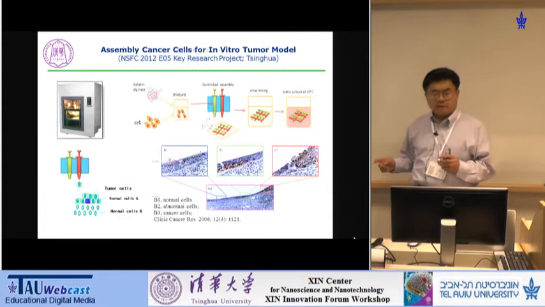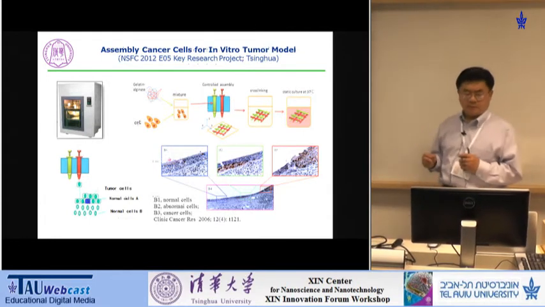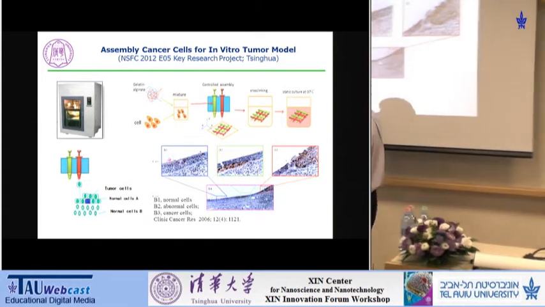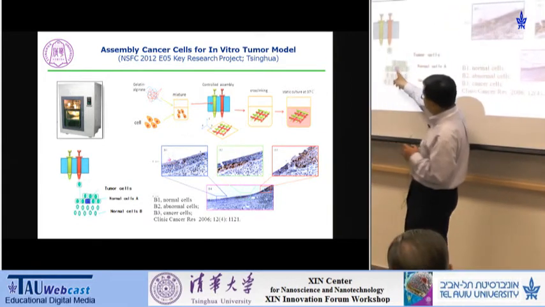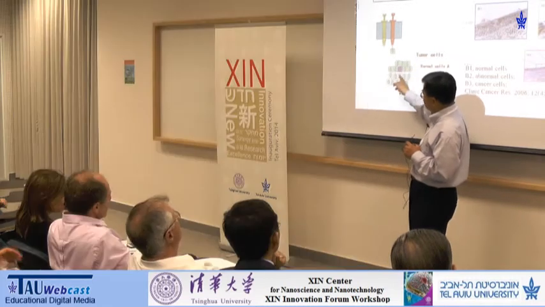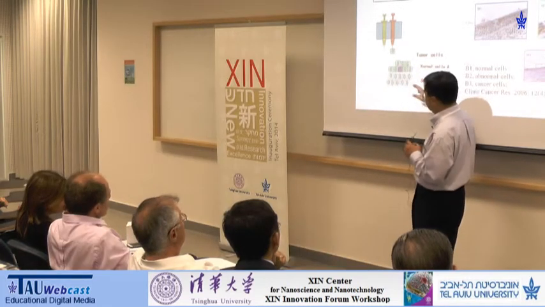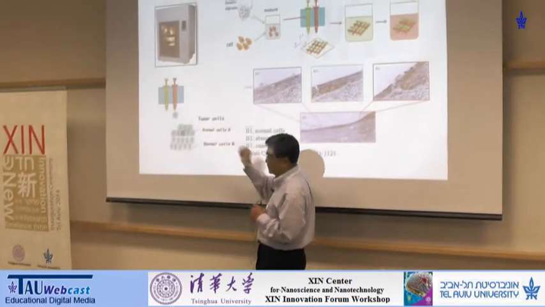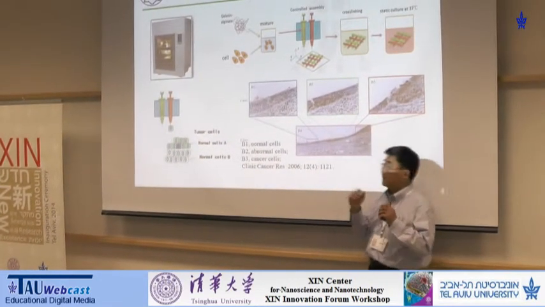And currently also at Tsinghua, we're working on one national key project, and we pattern cells. Here we are not just interested in one cancer cell, because we know all cancers are heterogeneous, the heterogeneous tumor model. We try to assemble the cancer cell with the normal cells together, and not just one type of normal cell.